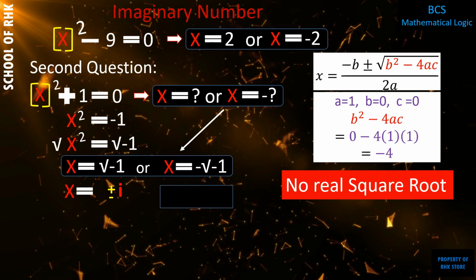Currently, the English lowercase italic i is used as the symbol of imaginary or unreal numbers, as the word imaginary starts with the character i, and it is well known as i equal to the square root of negative 1.